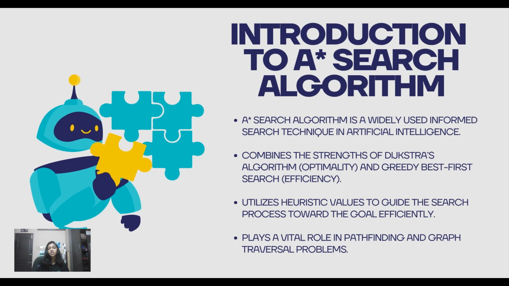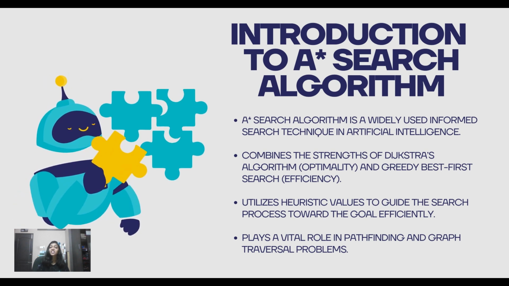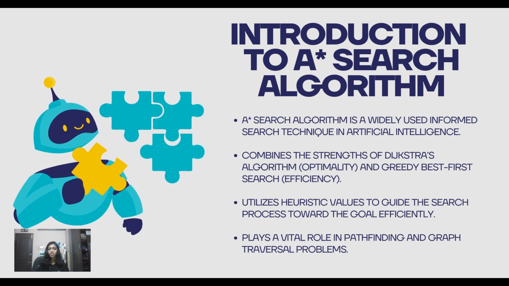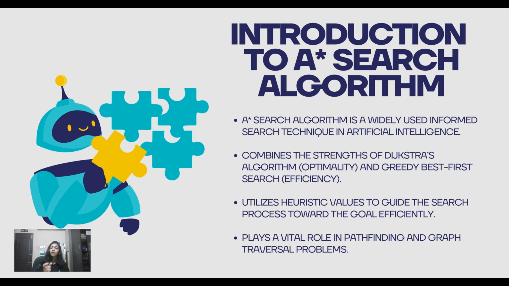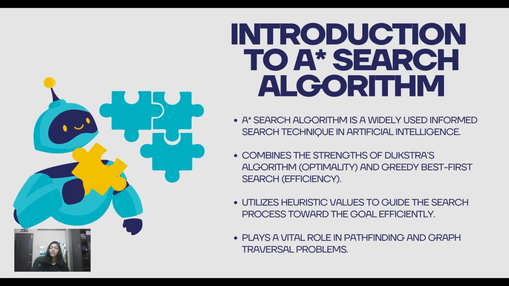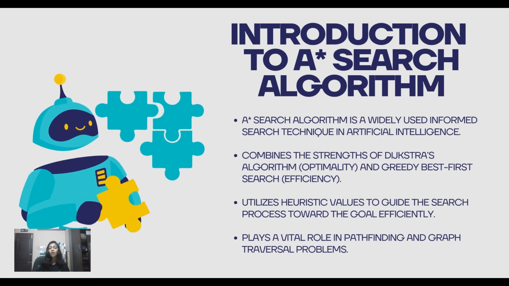In informed search strategy, the agent has access to some additional information or heuristics to guide its search process. So the agent will be able to find the shortest path between the starting node and the goal node and provide an optimal solution.